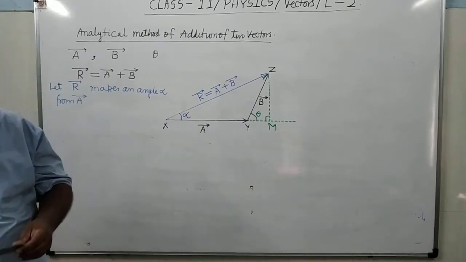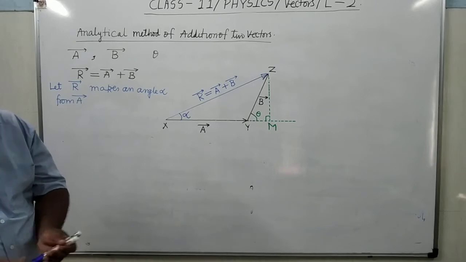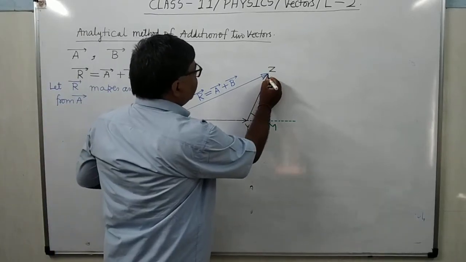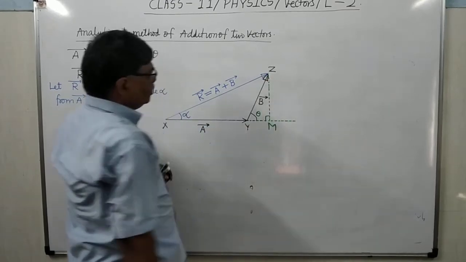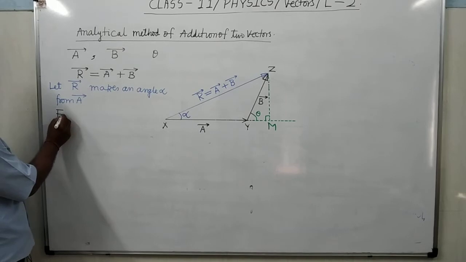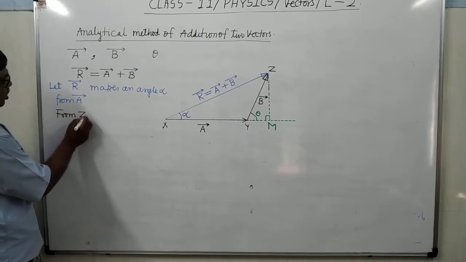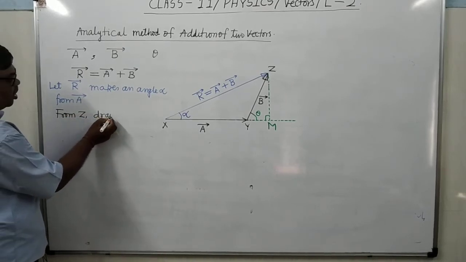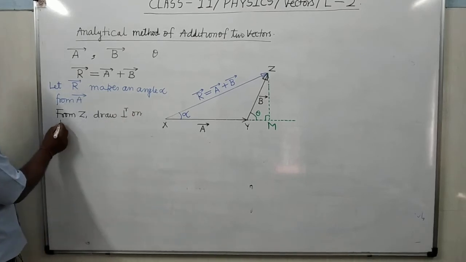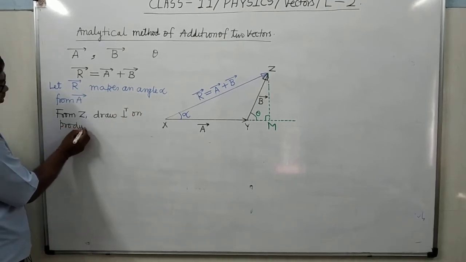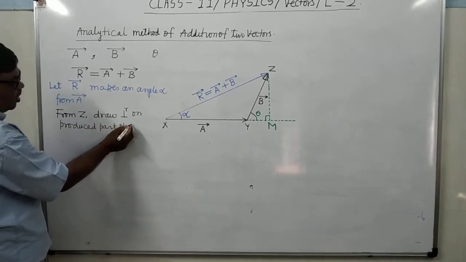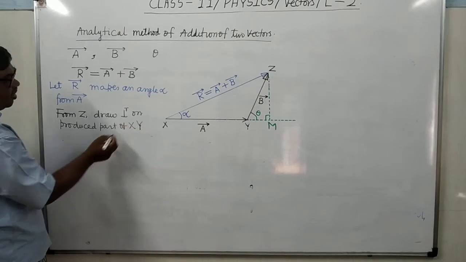This is named as M. Now you can see here, from Z, draw a perpendicular on the produced part of XY.